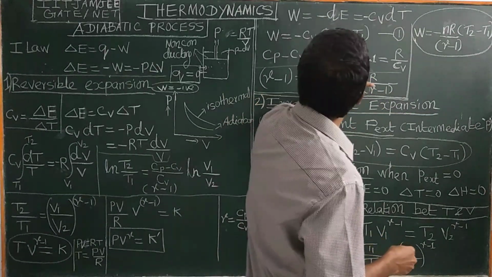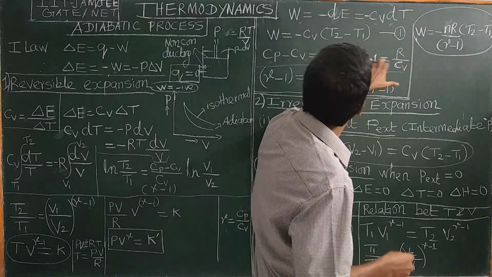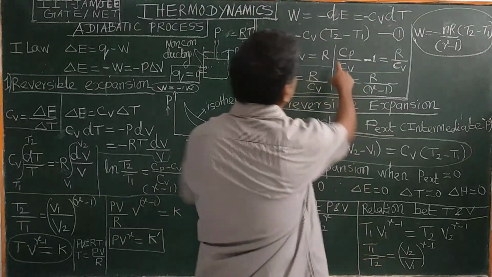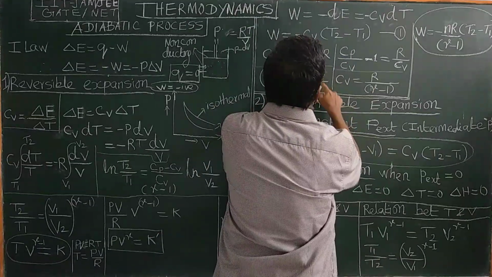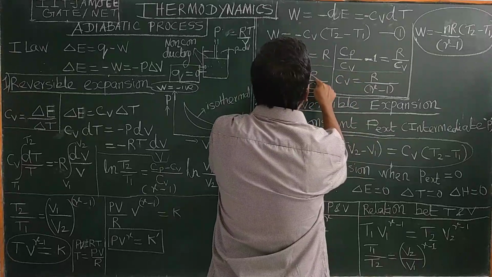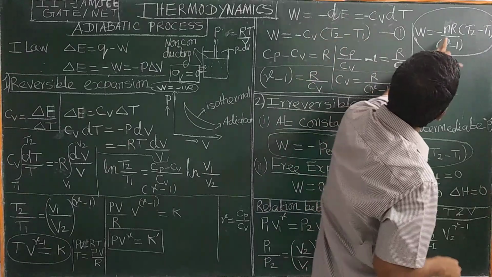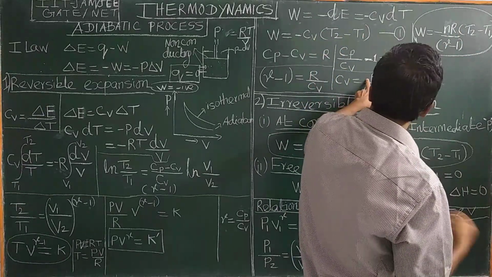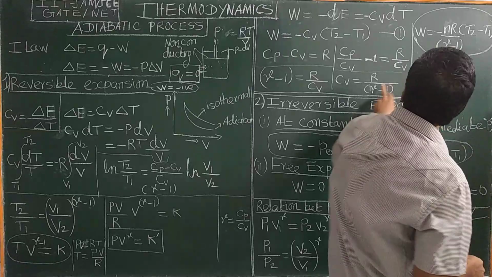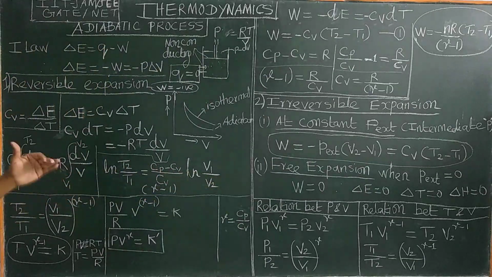In terms of the work done, for 1 mole it is R, and for n moles, W equals nR by gamma minus 1 times (T1 minus T2), that is Cv times the temperature change. This is the work done by the adiabatic reversible expansion process.